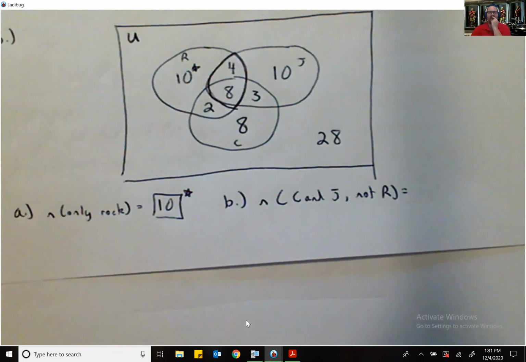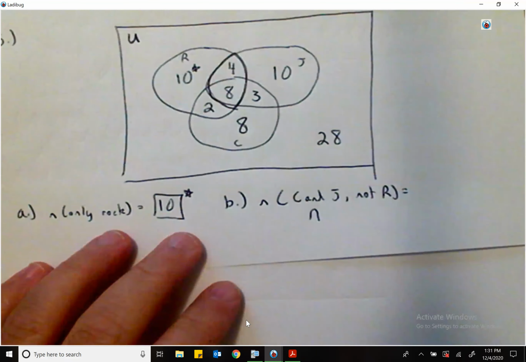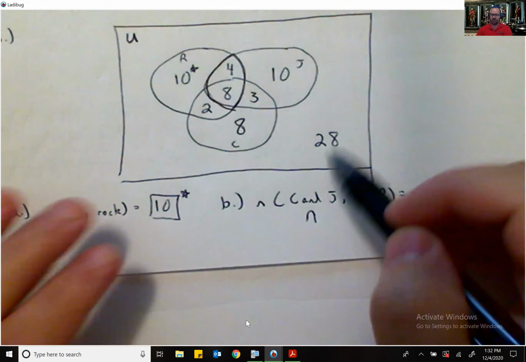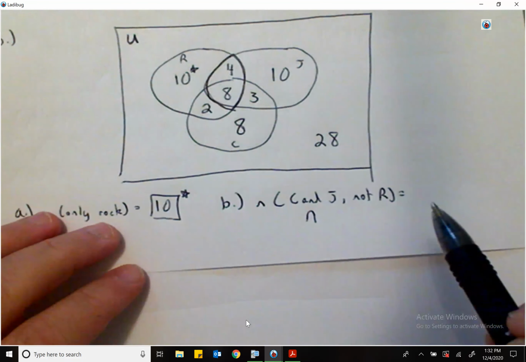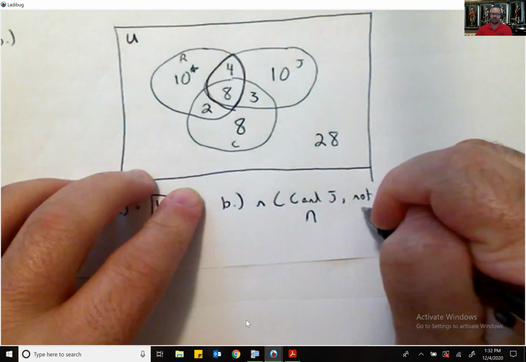So what does and mean, symbol-wise? What are we talking about there? They share in common, so union, or not in common. You're thinking intersection, because and is what means what they have in common. And the word not is like a complement.